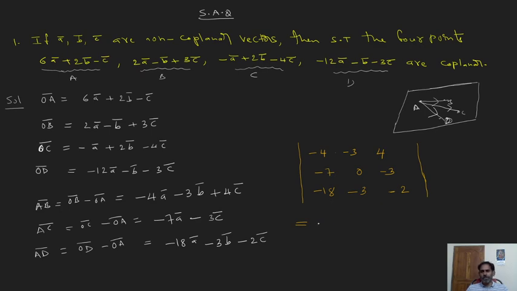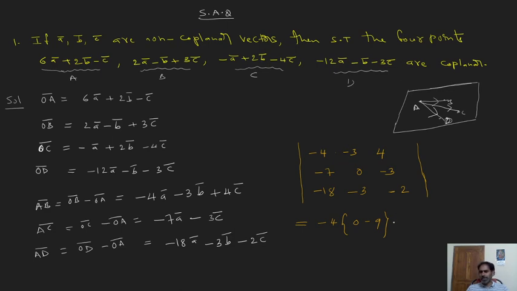So minus 4 into, delete first row, first column, AD minus BC: minus 2 into 0, 0 minus 9. Minus 3 into minus 3 plus 9, already minus is there.